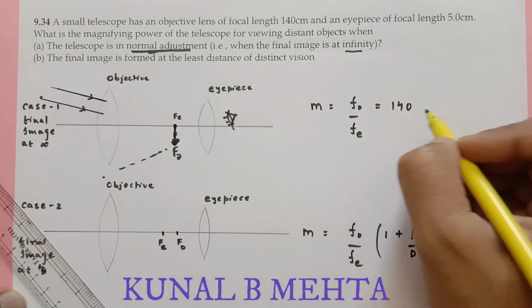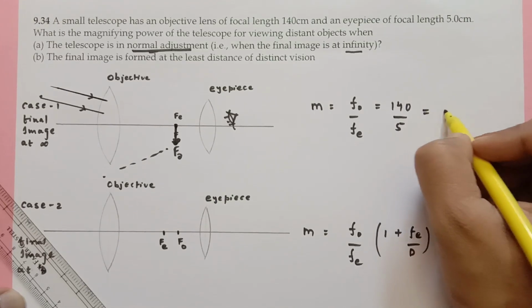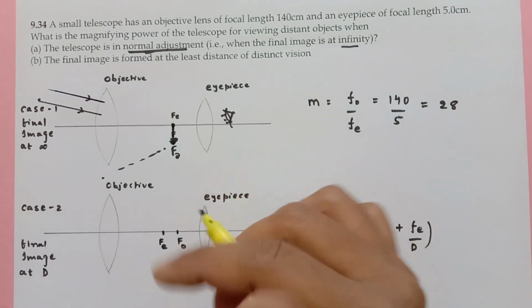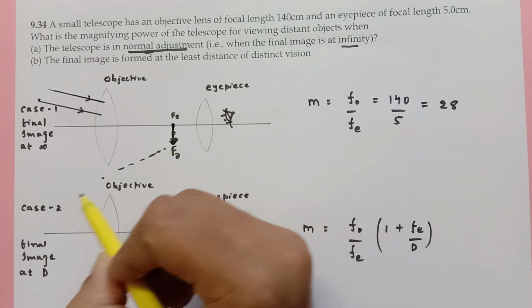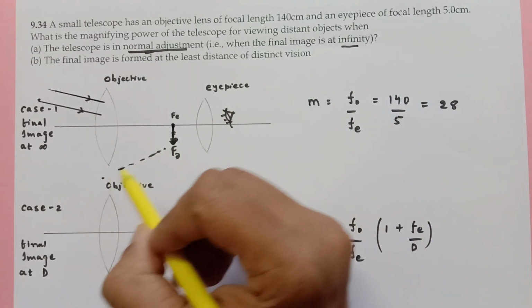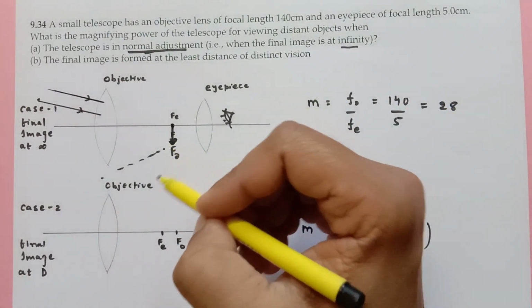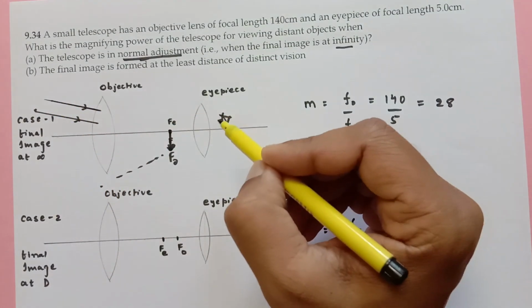So this is very easy. This is 140 upon 5, and centimeter gets cancelled. So this is simply a ratio, that is 28, which means that the final angle formed by the image at the eye is 28 times more than the angle formed by the rays directly at the eye.